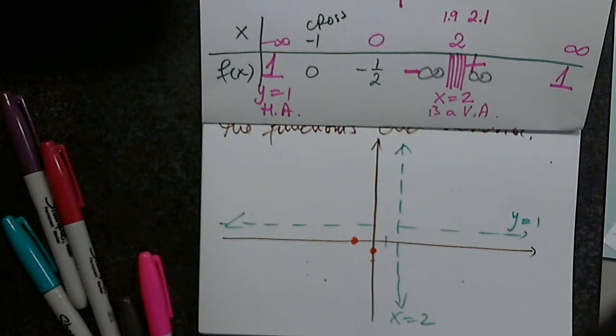From approaching 1, crossing at -1, 0, crossing the y-axis at 0, -1/2, and approaching negative infinity on the left-hand side. It can never cross this line. On the other side, coming from positive infinity, coming down to approach 1. That's the rational function.